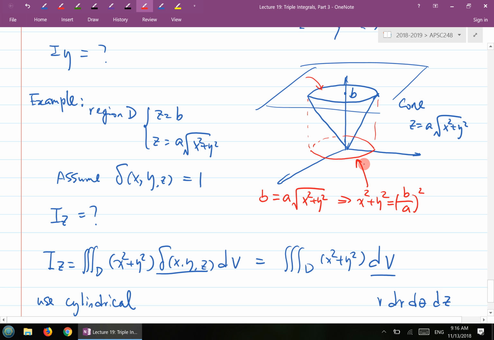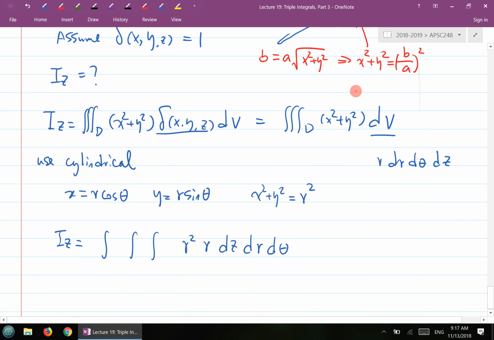Once you get this done, follow the procedure for finding limits. Pick a point inside the shadow, then draw an arrow line in the positive z-axis direction. First contact gives you z min, second contact gives you z max. Z max is pretty simple, that's the top surface, so it's always b.